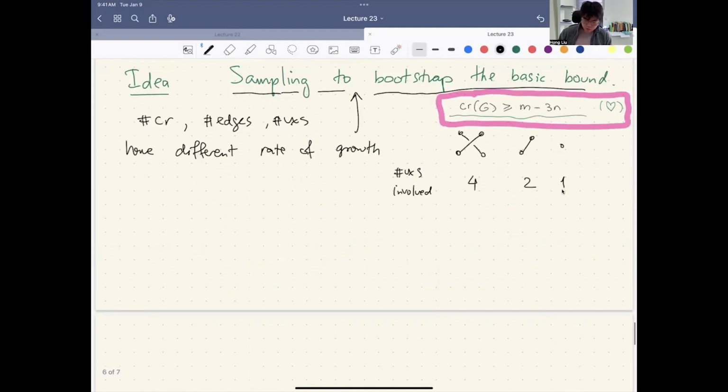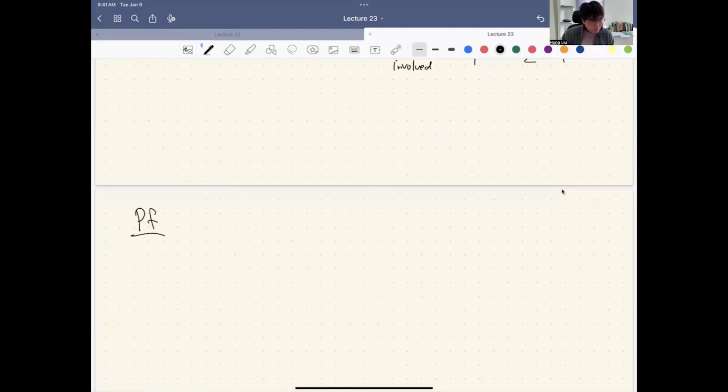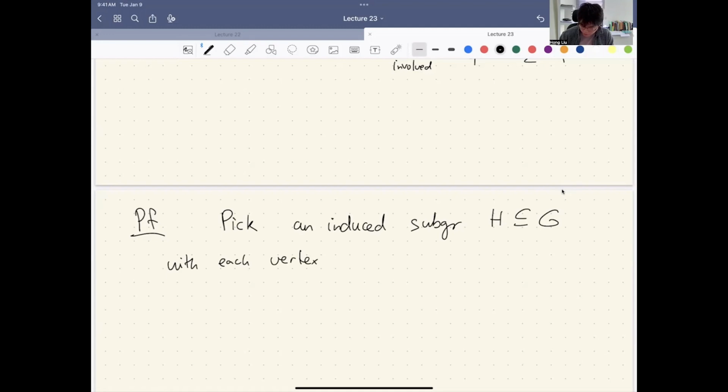So proof. Pick an induced subgraph H in G with each vertex chosen independently with probability p.